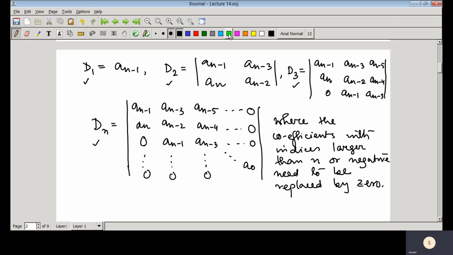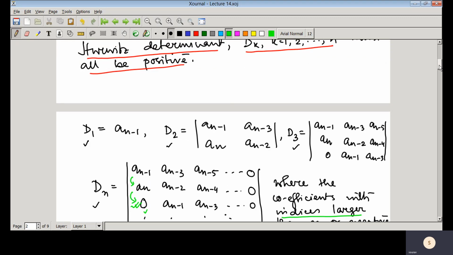So here you can see that, suppose this one, it would be a(n-1), then we add plus 1, so that is an. Then if we add another one, that is a(n+1). So you can see that for indices larger than n, it would be 0. So that's why this is 0. Like that, we can form the Hurwitz determinants, and all the determinants should be positive.